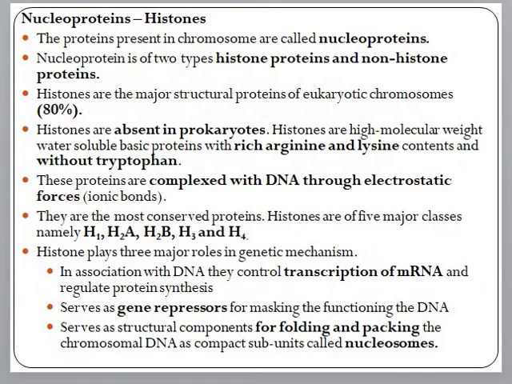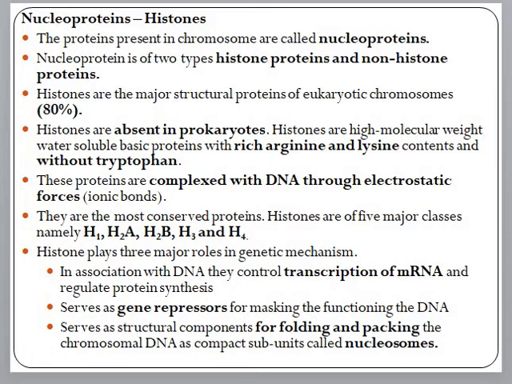The nucleoproteins present with DNA are basic proteins. The proteins present in chromosomes are called nucleoproteins. Nucleoproteins are of two types, histones and non-histone proteins. Histones account for 80% of nucleoproteins.